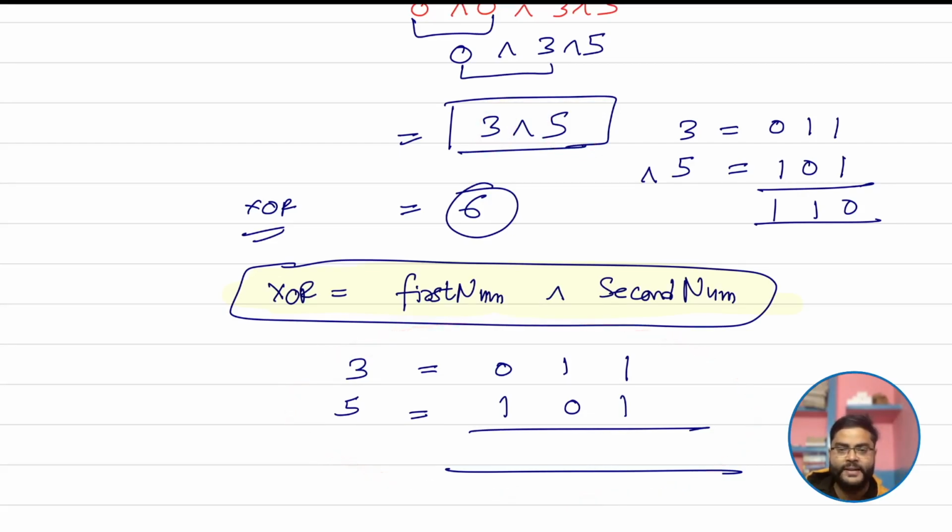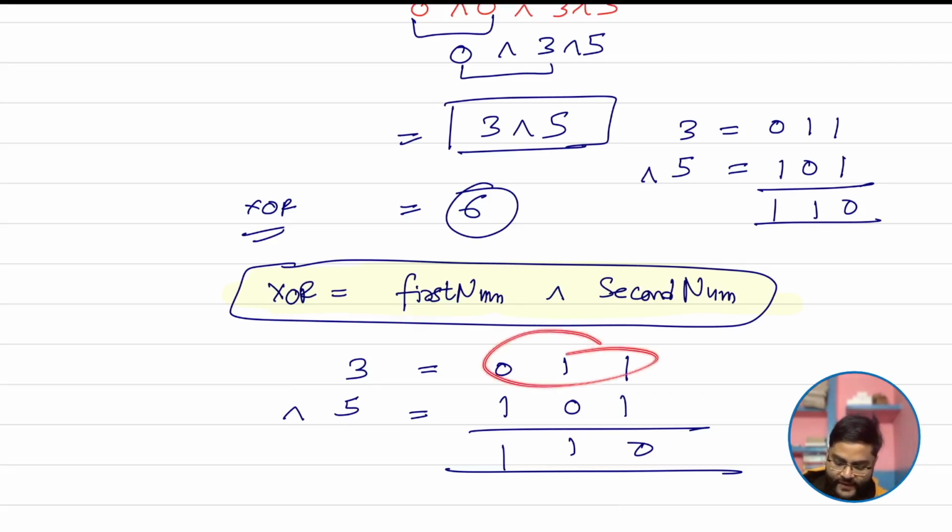Now, how can I find that? The XOR of these two was 0 1 1. If I place the numbers in partitions based on some certain condition, see, in these two numbers there will be at least one bit which is different, right?